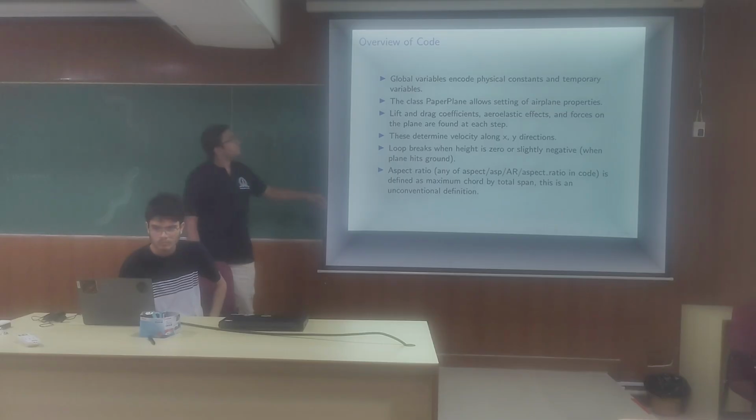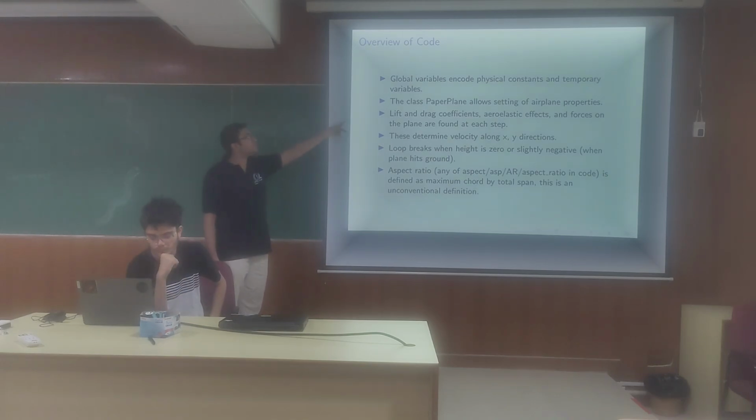Now, just an overview of what the code does. Initially we defined global variables for physical constants and temporary variables. So, for example, the gravitational acceleration g or the air density would be defined there, as well as placeholder wing area that scales with the aspect ratio. Now we have a class PaperPlane, so this is to set the drag coefficient, pitching moment, and how they vary.